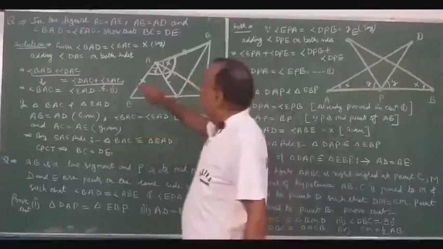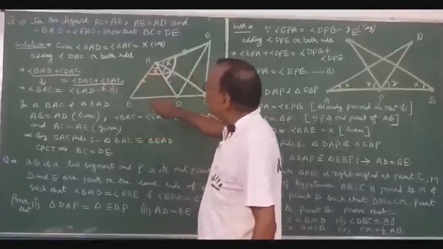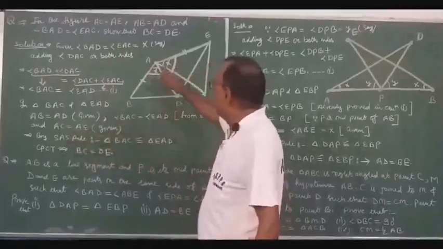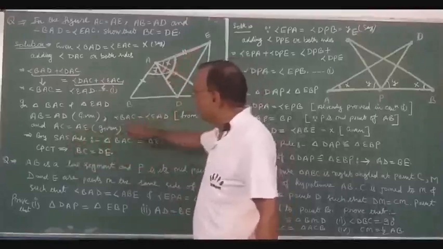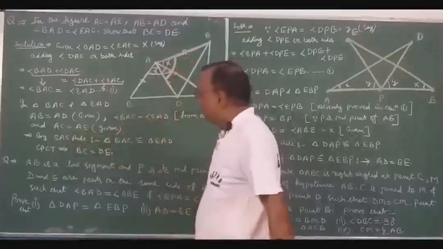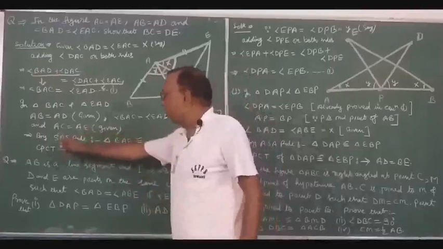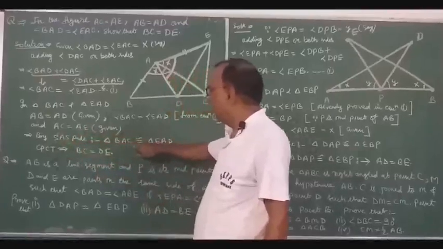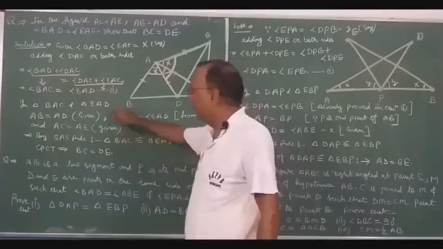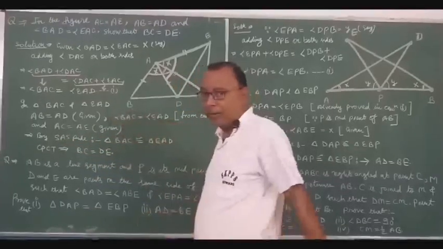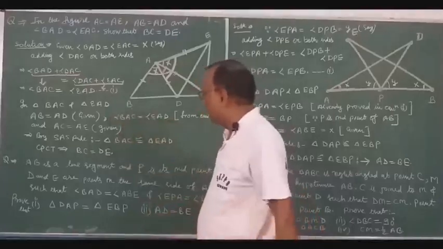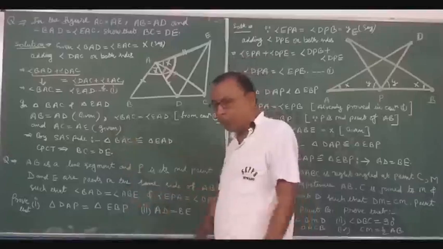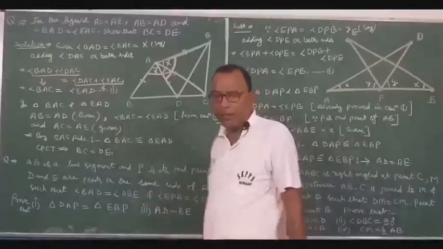And AC is equal to AE, it was also given in the question. So by which rule? Side angle side, SAS rule. Triangle BAC is congruent to triangle EAD. And then by CPCT of these two triangles, we will get BC is equal to DE. Is it okay?